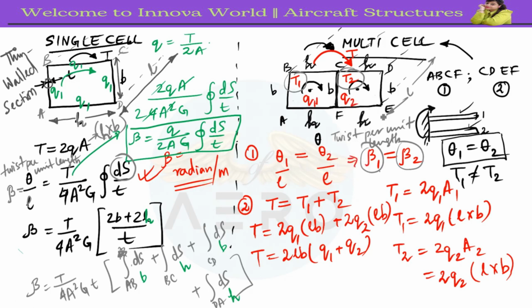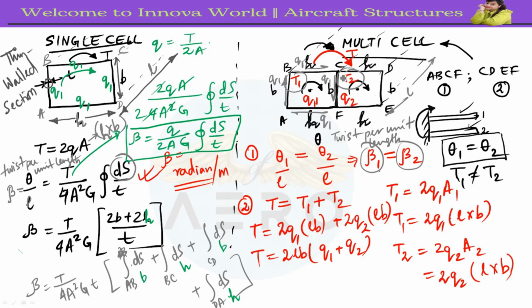If I have to draw the shear flow, it acts in the direction shown. For cell 1, the shear flow is going to be like this: Q1, Q1, Q1.